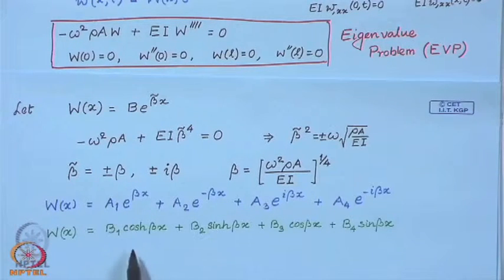So, here again b 1, b 2, b 3, b 4 are now real constants. Now, this general solution must satisfy these boundary conditions.